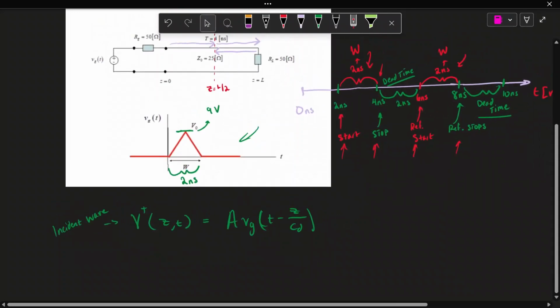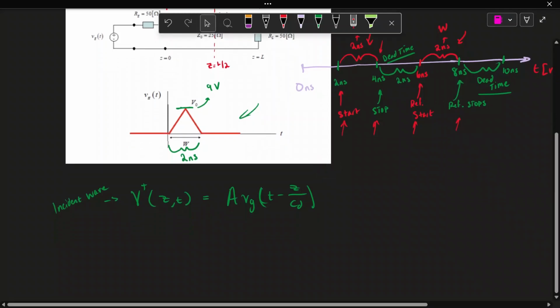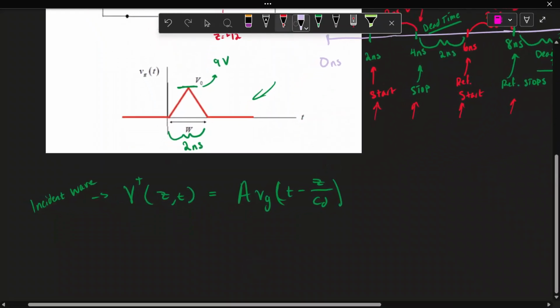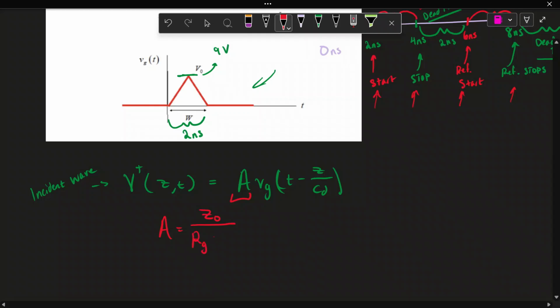Dielectric is usually Teflon, which is, I think, root of 2.1 or something like that. Anyways, what is this A? Why are we using A here? Well, A is going to be equal to the characteristic impedance divided by Rg, the source resistance, plus Z naught.